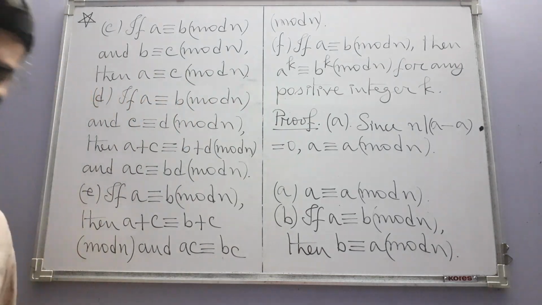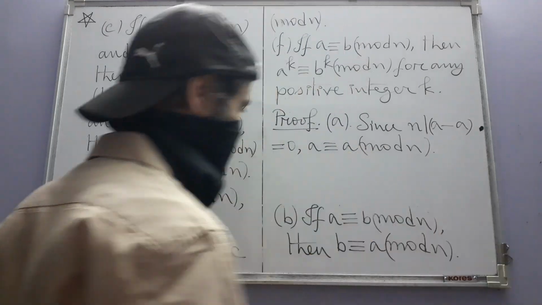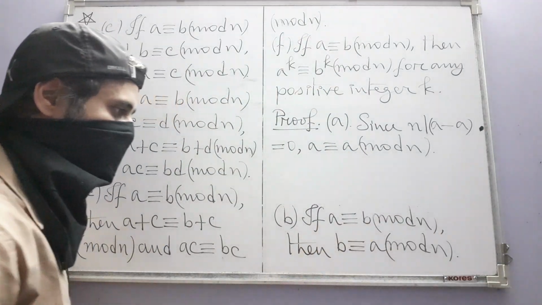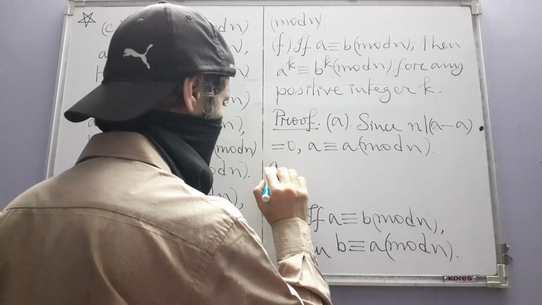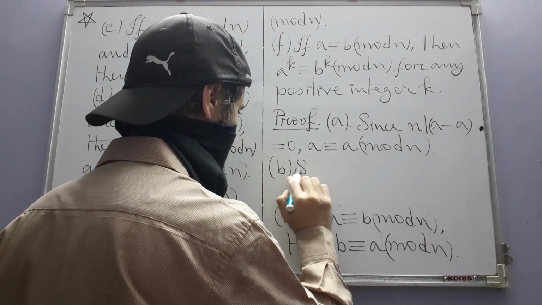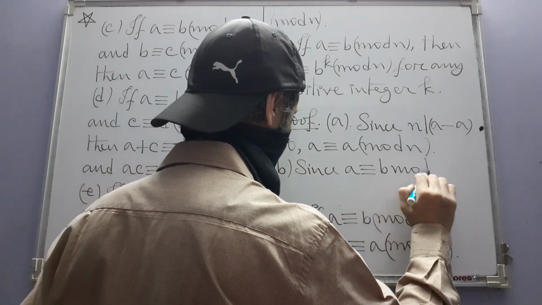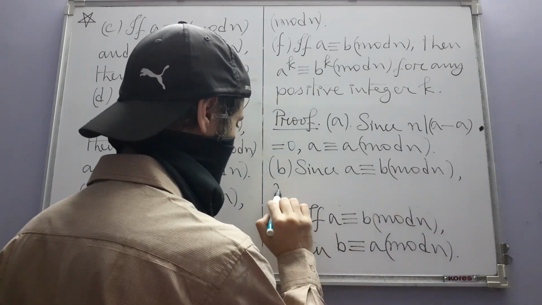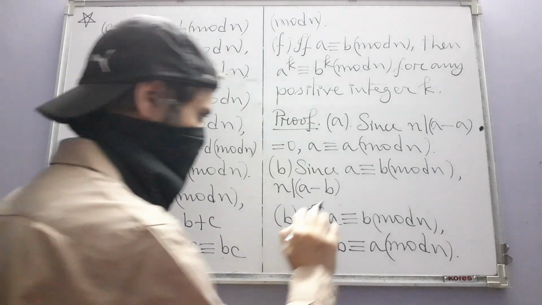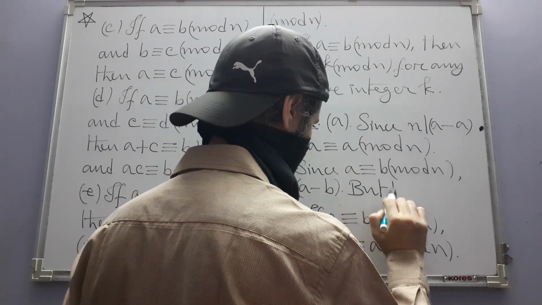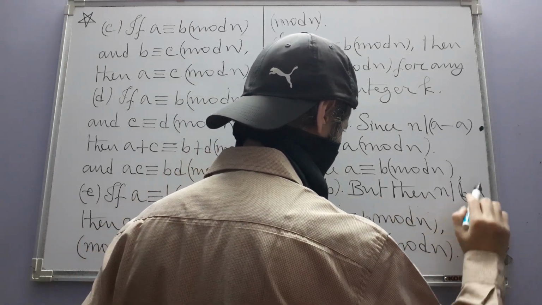So that means we have proved part A. Next comes part B. If A is congruent to B mod n, then B is congruent to A mod n. Since A is congruent to B mod n, n divides A minus B. But then n divides B minus A as well.